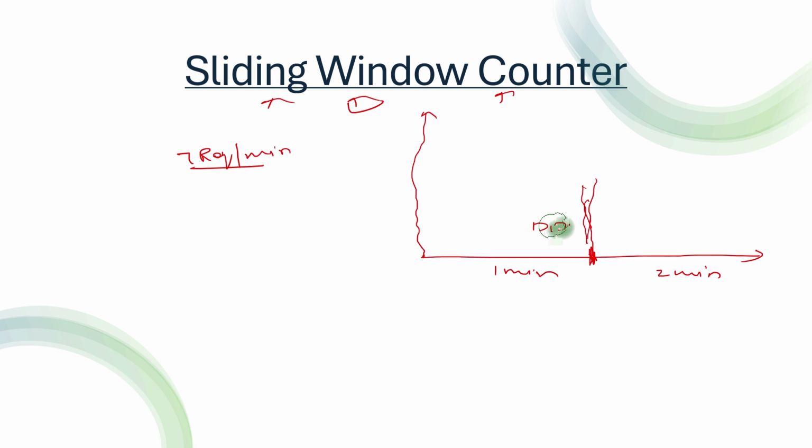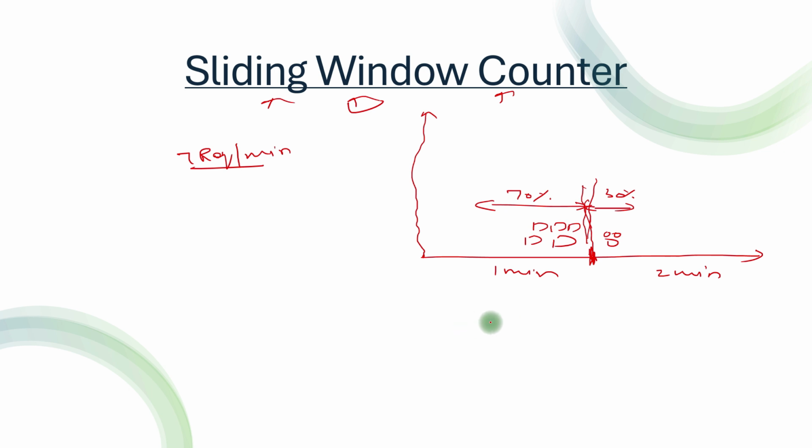In this complete 1 minute, let's say 5 requests came in this time window, and this time window is 70%. When the second minute starts, let's say 3 requests came in, that is 30% of the time. How will the current number of requests be calculated?